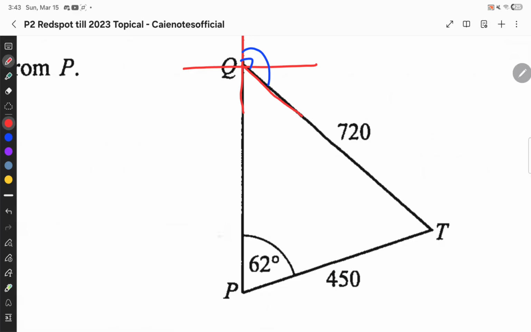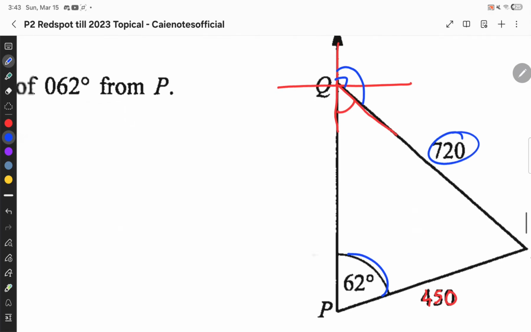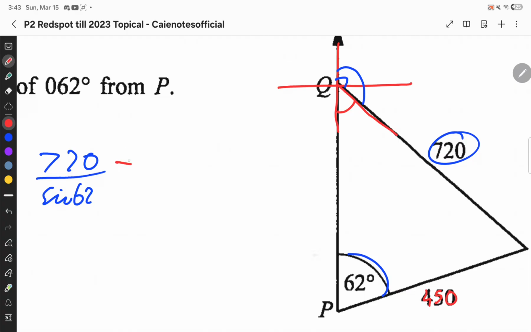So this is 450. This is the angle that we want, and this is the blue angle and the blue length. So this is 720 over sine of 62 equals 450 over sine of theta.